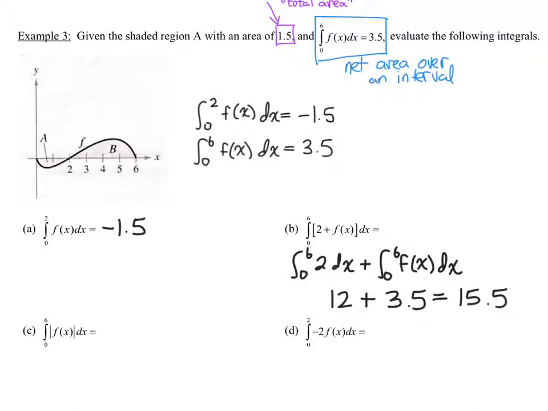All right, the next one is asking us for the antiderivative, or the definite integral over the interval of 0 to 6 of the absolute value of the function with respect to x. Now, this goes way back to something that we talked about September-ish.